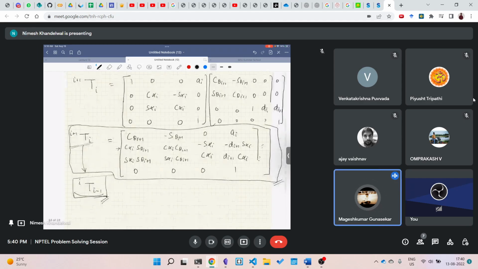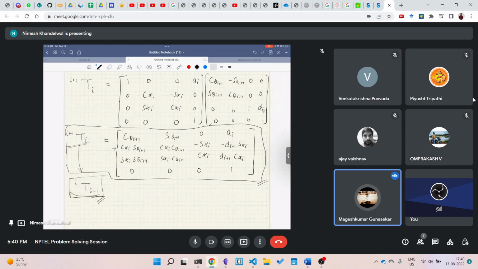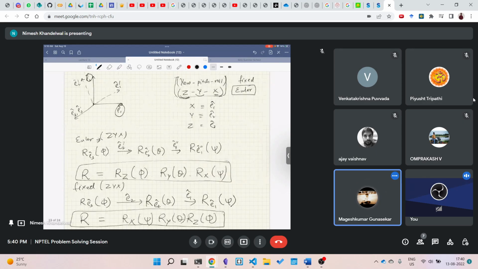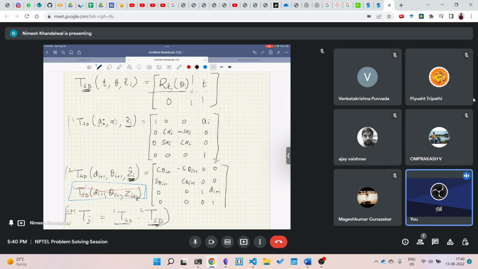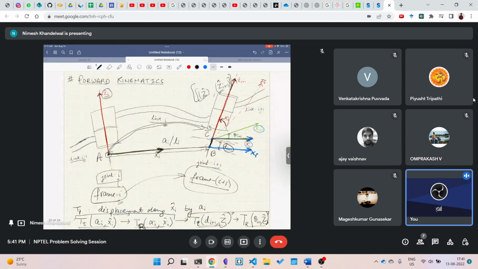Can you just repeat why we are using pre multiplication and post multiplication? We are using post multiplication in this case because the second transformation we have done is along the new axis, the modified zi axis. That transformation is no longer along the previous original zi axis.